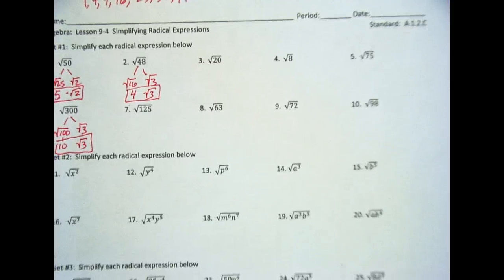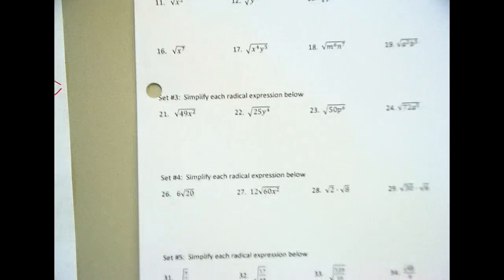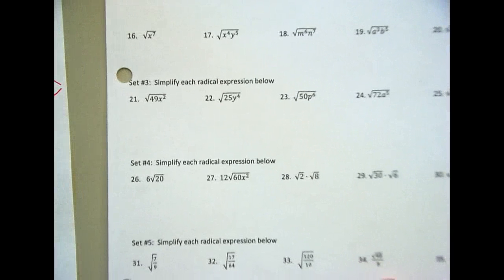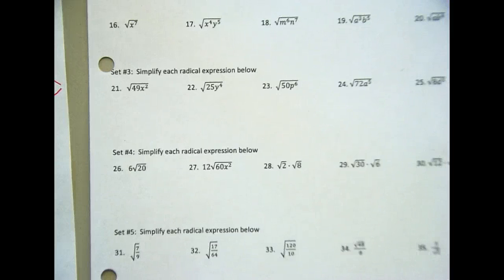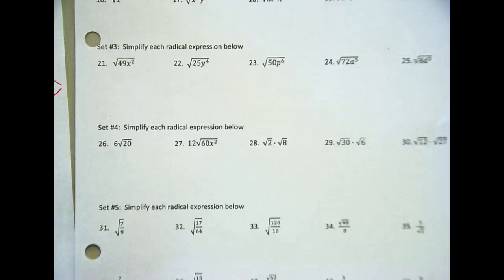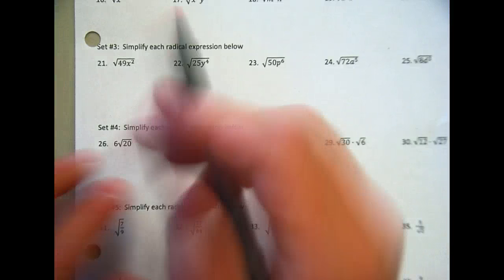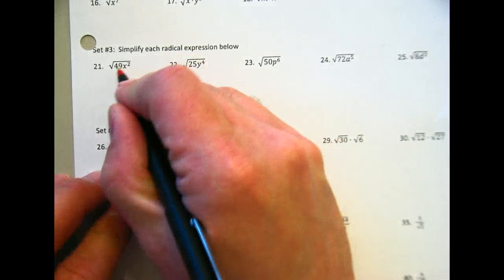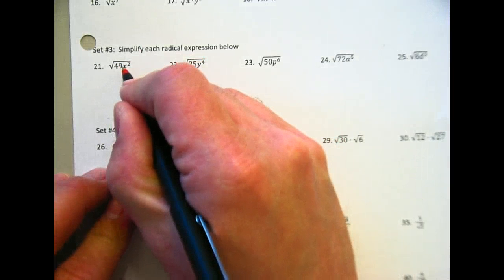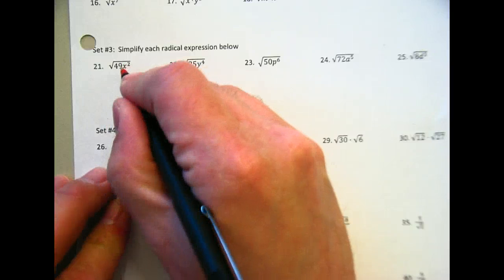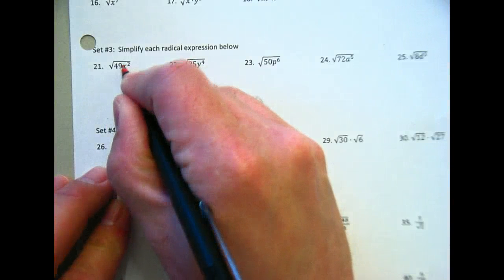Okay, we're going to skip set 2 for a minute and I want you to jump to set 3. The first thing you need to do on set 3 is learn that you can break apart radicals. All this stuff in here, I'm doing 49 times x squared, so I'm going to put a multiplication sign in between those two things.